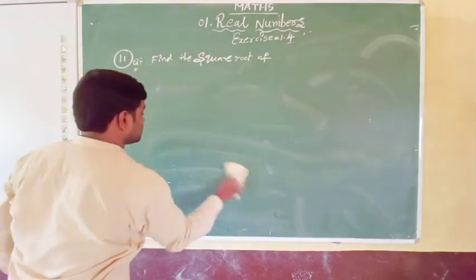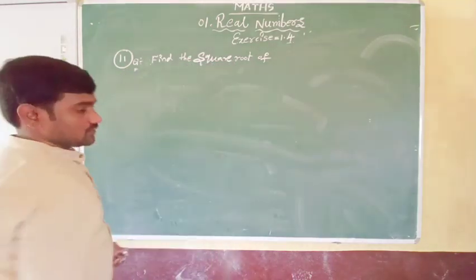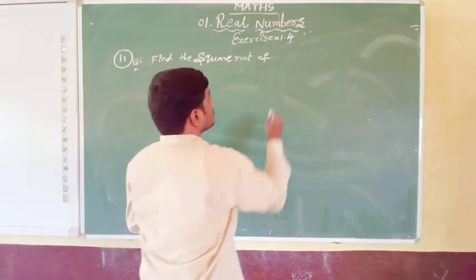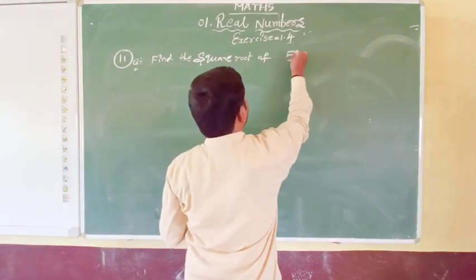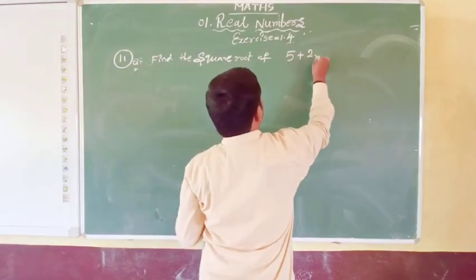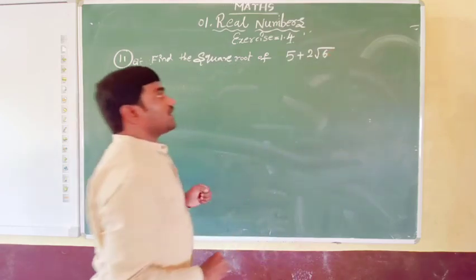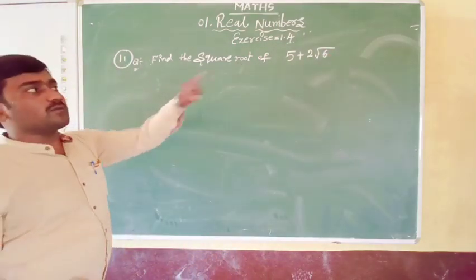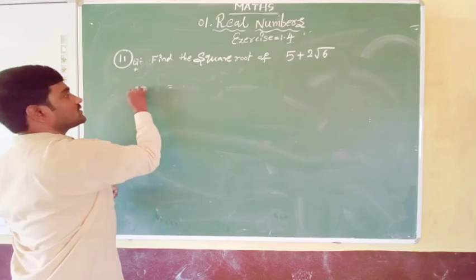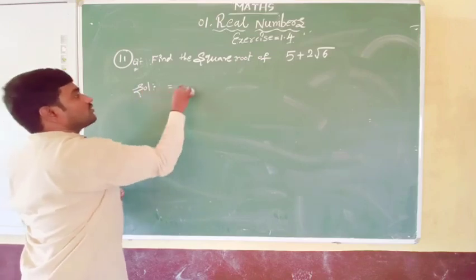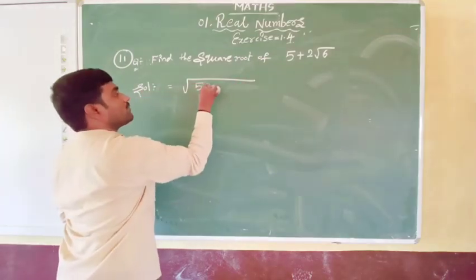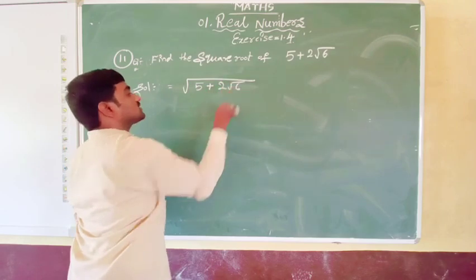Okay. Let me give you one more example question. Find out the square root of 5 plus 2 root 6. How can we write this? See, solution is that we need to find out the square root of 5 plus 2 root 6.